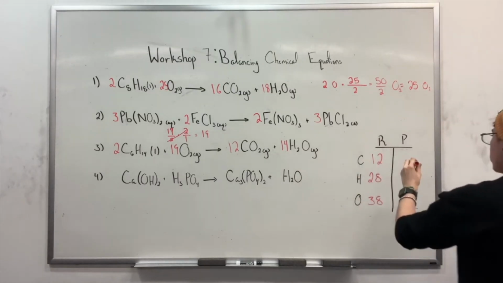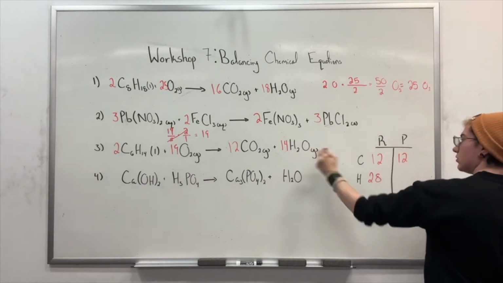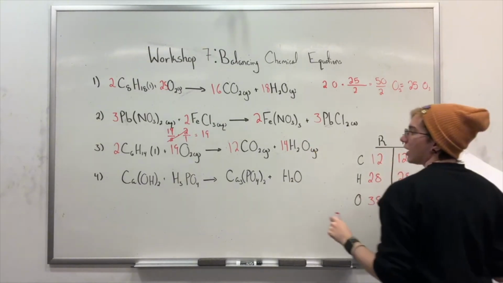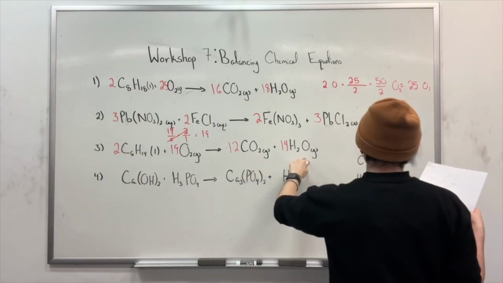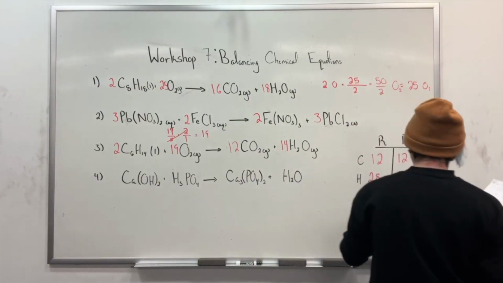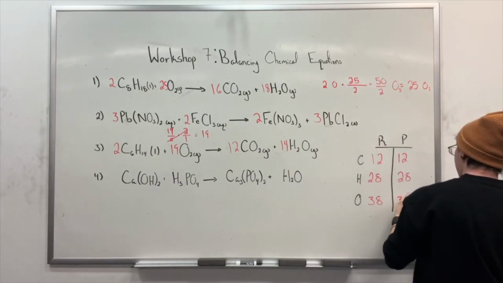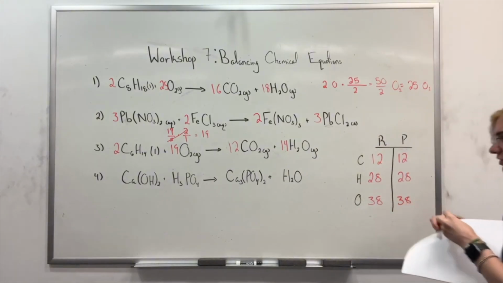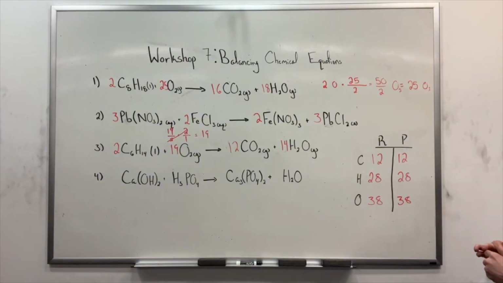And now we have 12 carbon, 28 hydrogen, and 24 plus 14, we have 38 oxygen. So this is correctly balanced. All of our atoms are equal by the end of our reaction.